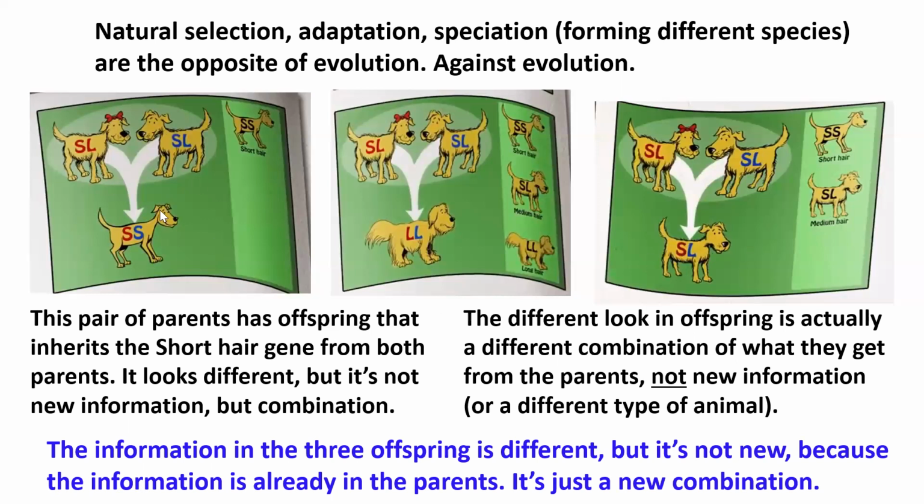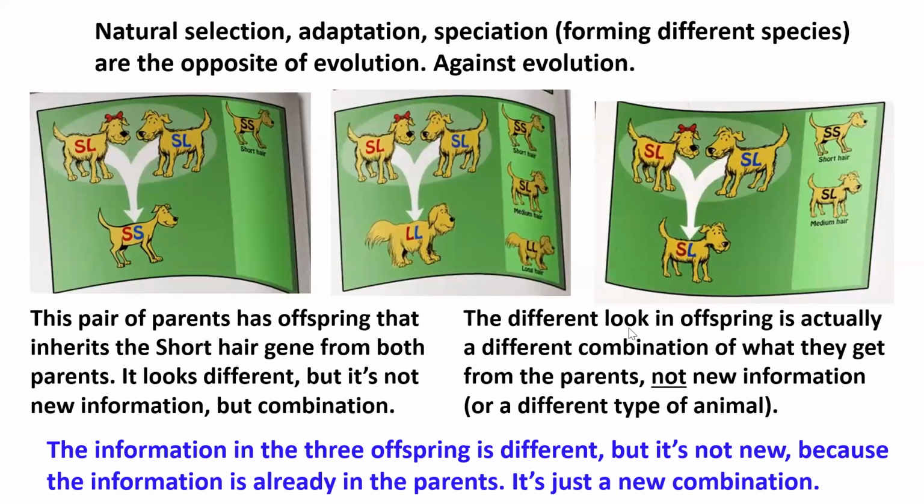So talking about the first picture, this pair of parents has offspring that inherits the short hair gene from both parents. It looks different, but it's not new information. It's a matter of combination. And for these two other pictures on the right-hand side, you see the LL one, that means the hair is long, and then the SL, the hair is medium.